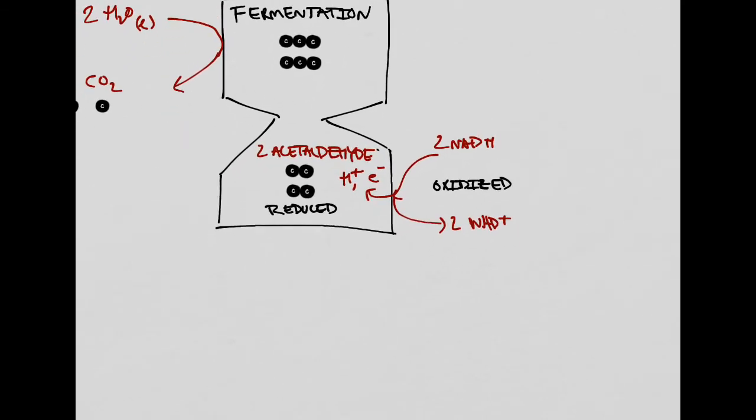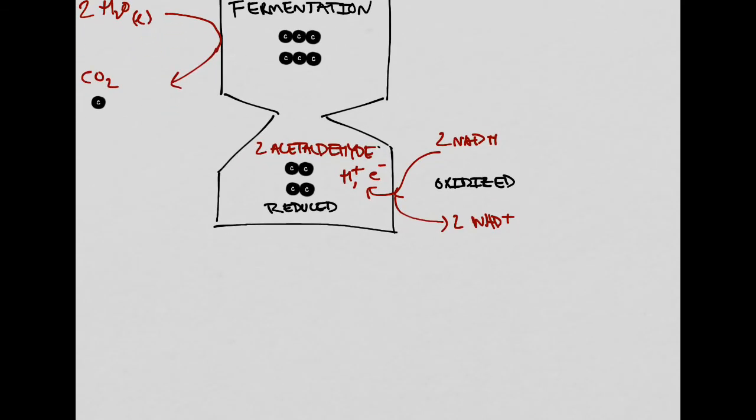It gains electrons. Okay, and then once those molecules have been reduced, they turn into ethanol. So from this we get out 2 ethanol.